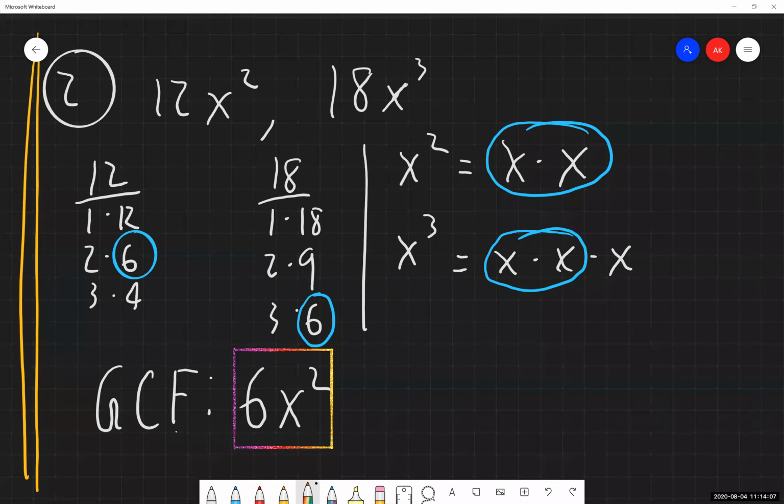So in this case, I have an x squared and I have an x cubed. Which one has the lowest degree, the lowest exponent attached to it? That's going to be x squared. And that is going to be your greatest common factor for all the x's between these two expressions. You could apply the same thinking for y and m and a and n, whatever it may be.